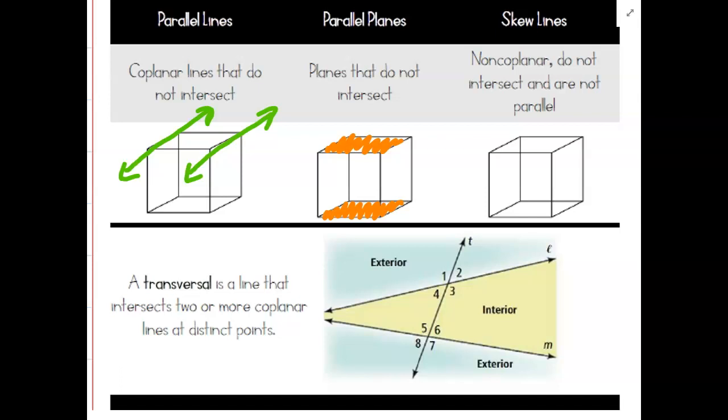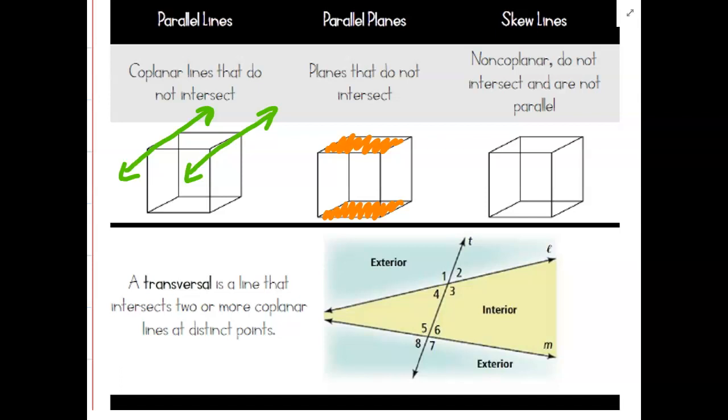The other thing is they don't intersect, but they can't be parallel. What I'm doing with my fingers right here wouldn't work because those would be parallel in a way. One would have to be pointing this way. So they're non-coplanar, on different planes, they're not going to intersect, and they're not parallel.